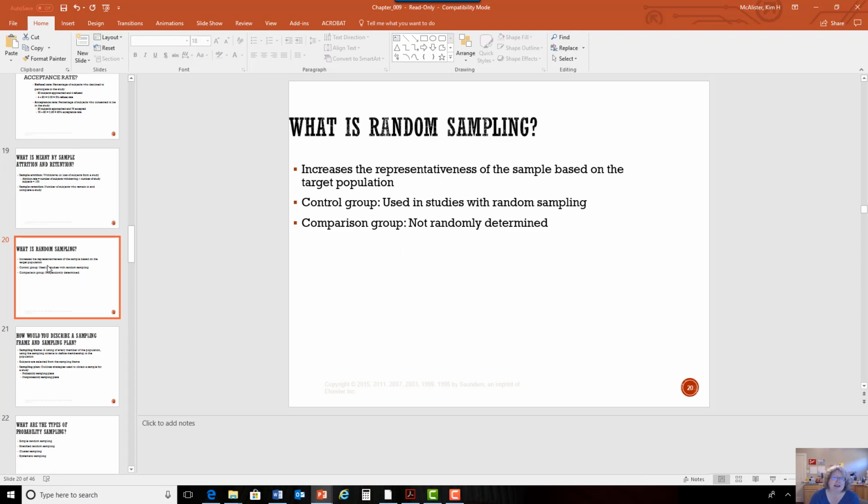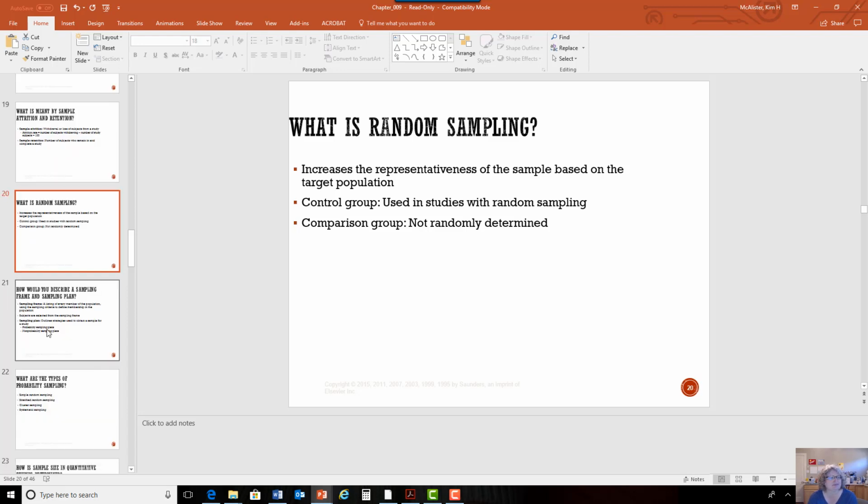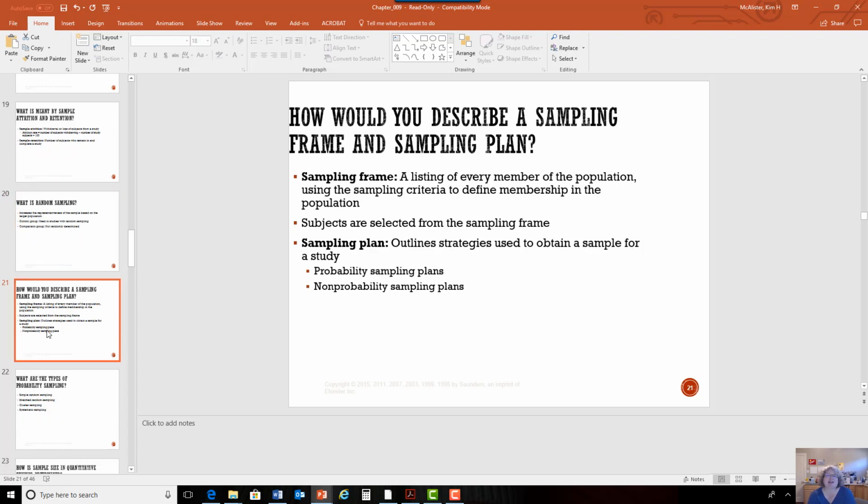So random sampling happens when basically anybody in the population can be selected. And so that helps to make the sample more representative. So it improves your chances of generalization. A sampling frame is a list of every single person in the population, everyone that could be included in your study.